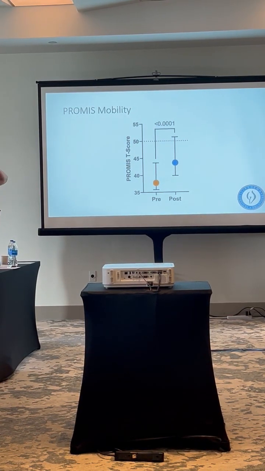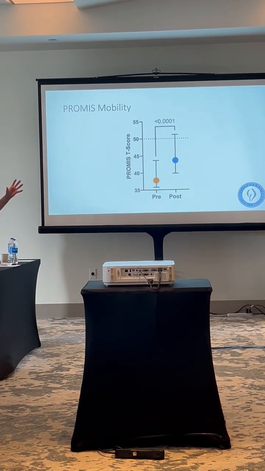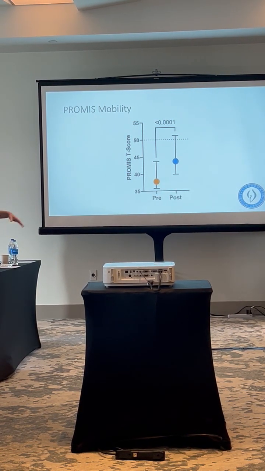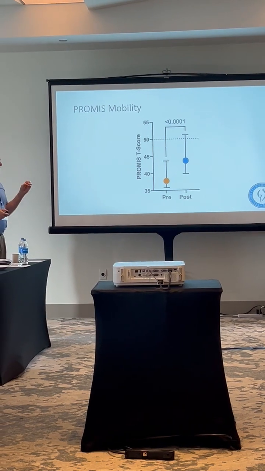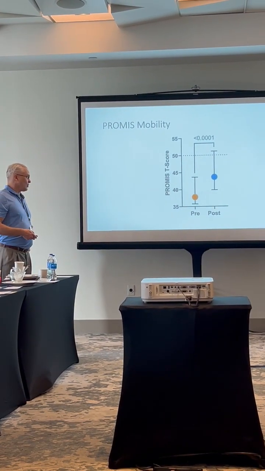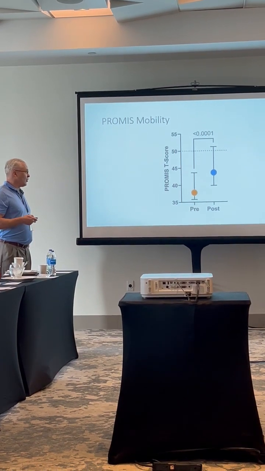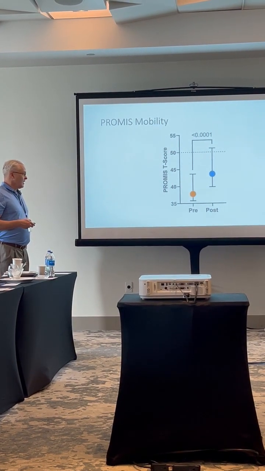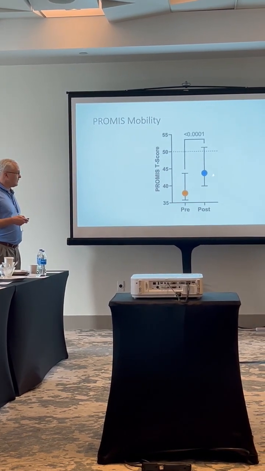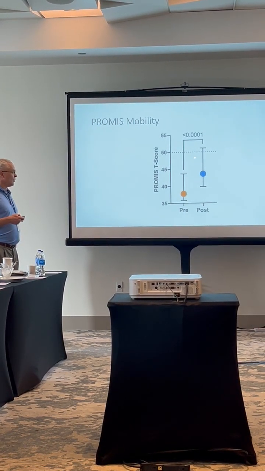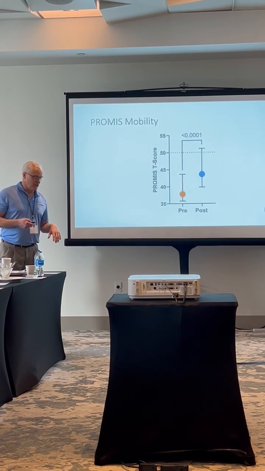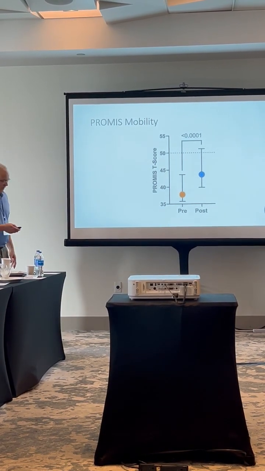This is our overall mobility, based on PROMIS, which is an NIH outcome tool that they developed and that's validated for the U.S. population. Before, they were significantly below average, and they improved a little over 6 points, which is a highly significant improvement in overall mobility.